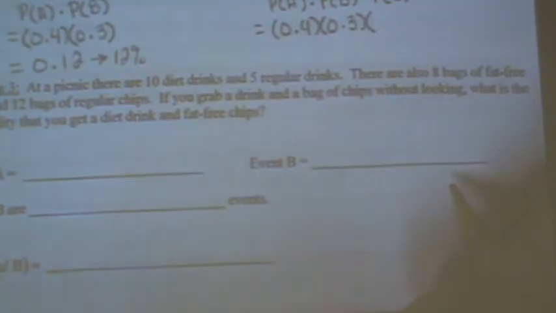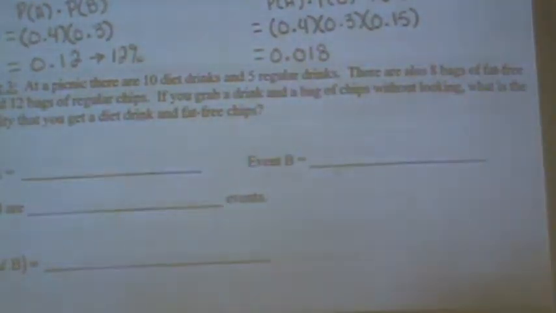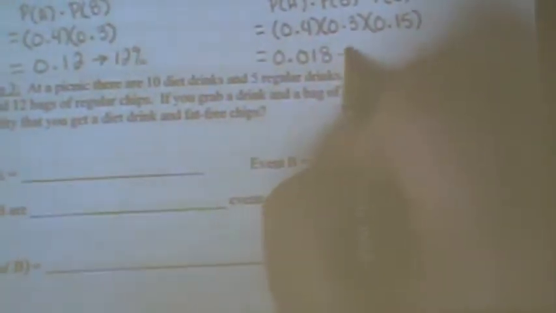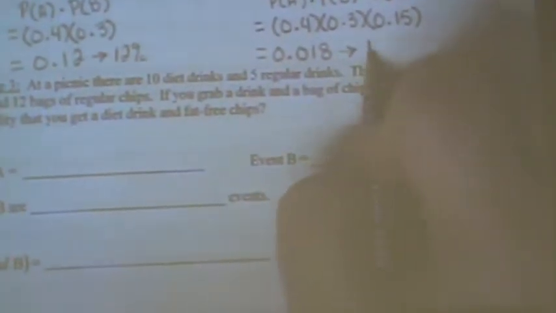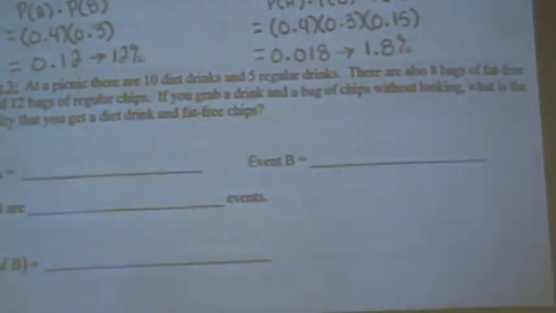Probability of B is 0.3. And the probability of C is 0.15. When we multiply that out, you should get 0.018. And if we translate this to a percentage, you're going to get 1.8%. So there's only a 1.8% chance that all 3 events will occur.